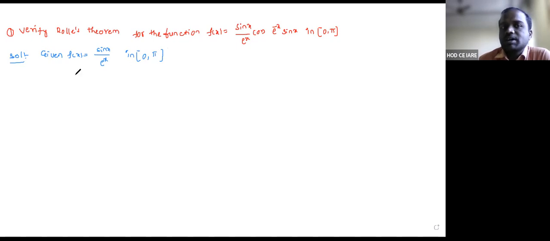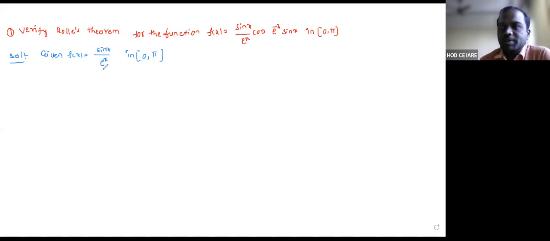Here Rolle's theorem has three conditions: the function is continuous in the closed interval and derivable in the open interval of a comma b, and f of a is equal to f of b. If these three conditions are satisfied, you can find at least one point c belongs to the open interval of a comma b.